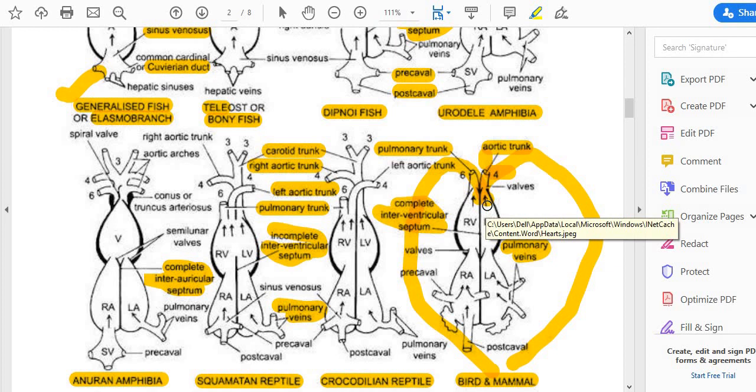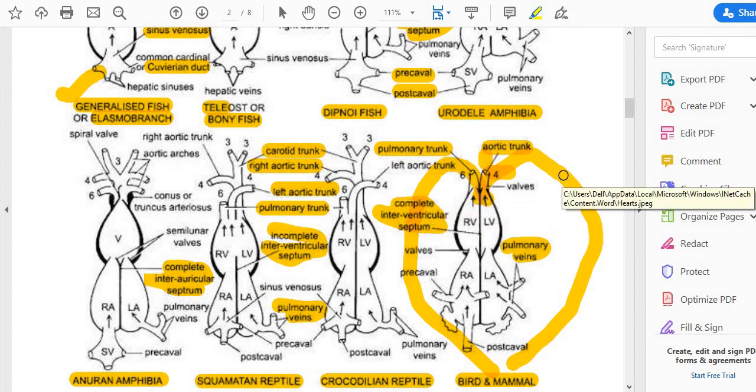So the right systemic arch is seen in birds and the left systemic arch is seen in mammals. This you will understand when I explain about aortic arches. So this is the small difference between the bird and mammal. Rest all the structures remain the same.